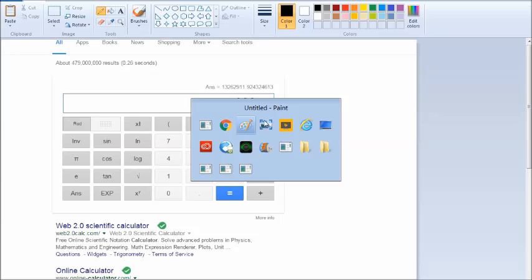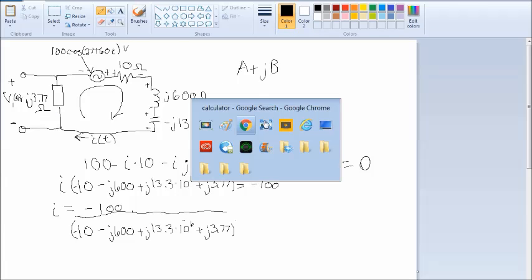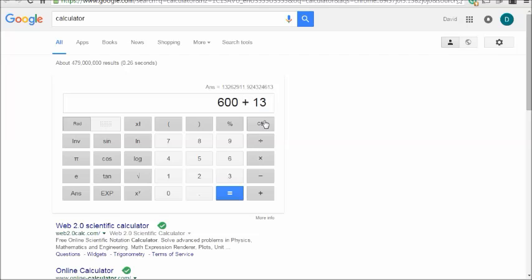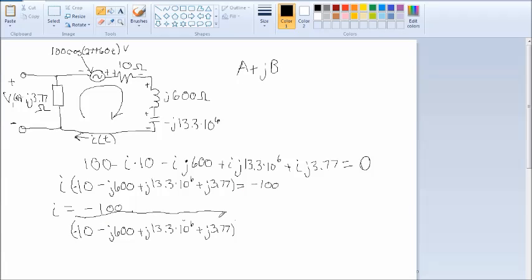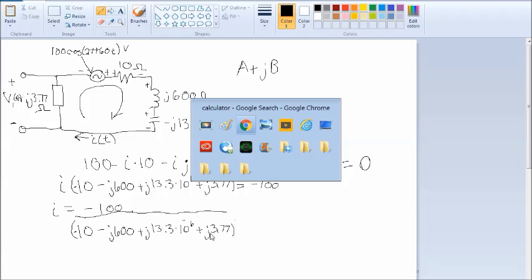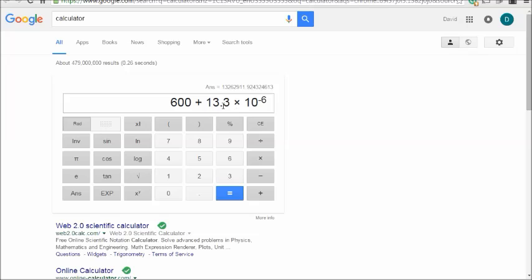So we have 600 plus 13.3 times 10 to the negative 6 plus 3.77.